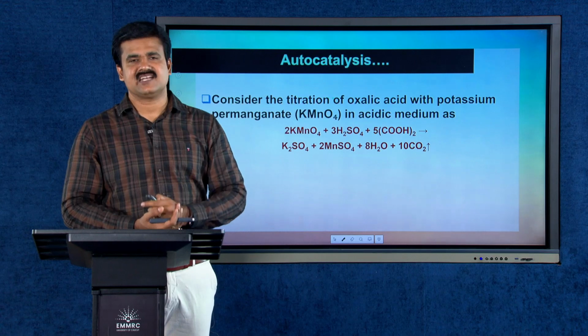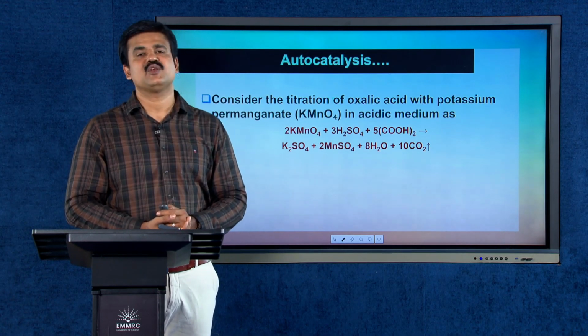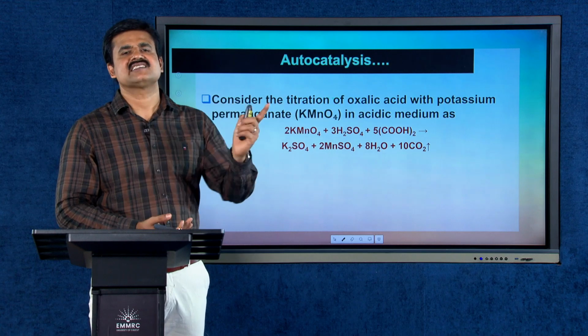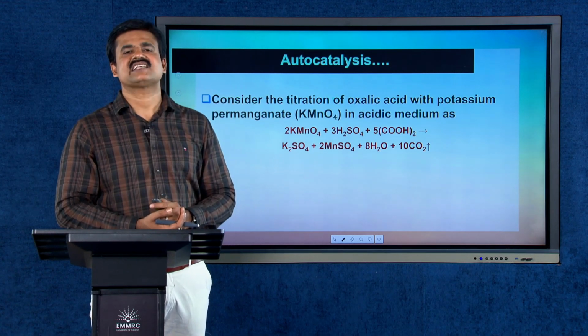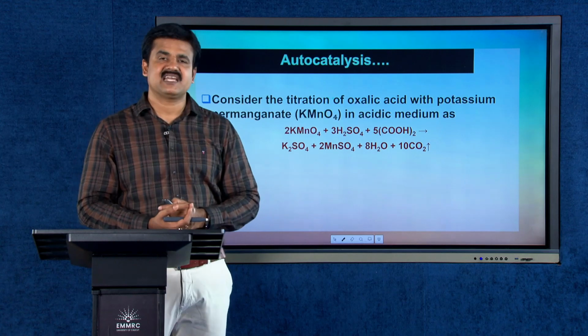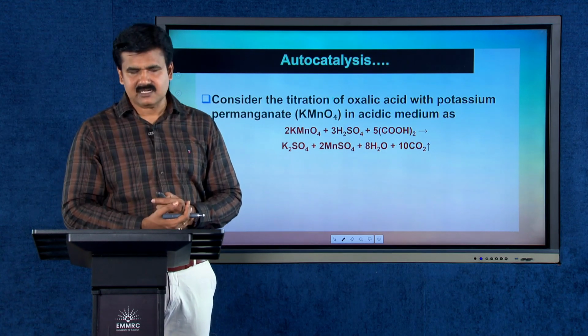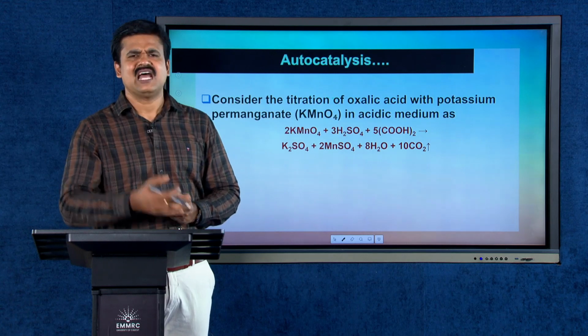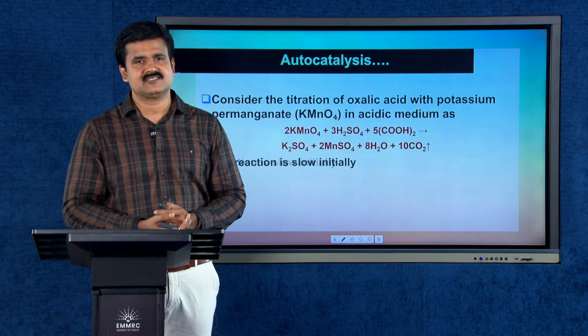This is the reaction between acidified KMnO4 and oxalic acid, and as a result of this reaction, potassium permanganate is converted to MnSO4, that is manganese sulfate. At the same time, oxalic acid is oxidized to carbon dioxide and water. This reaction is familiar to you, and with respect to this reaction, we are illustrating the concept of autocatalysis.